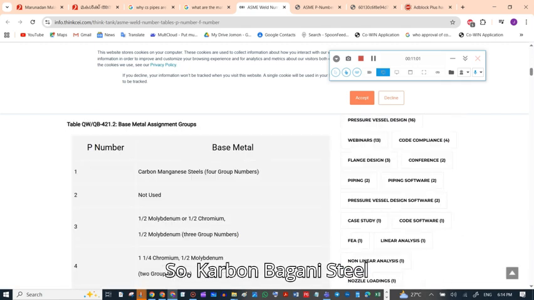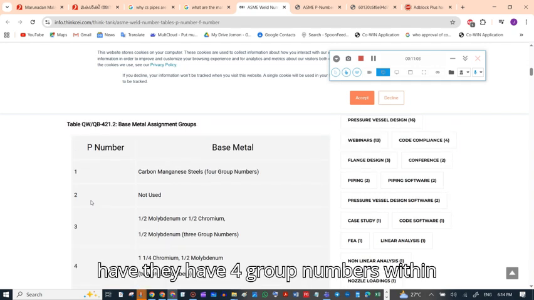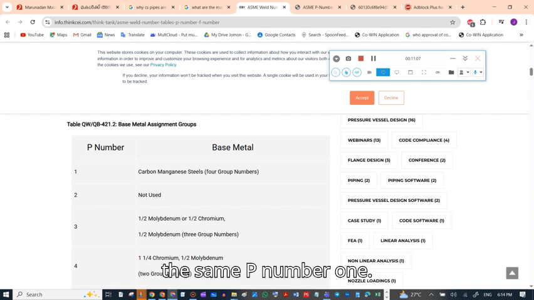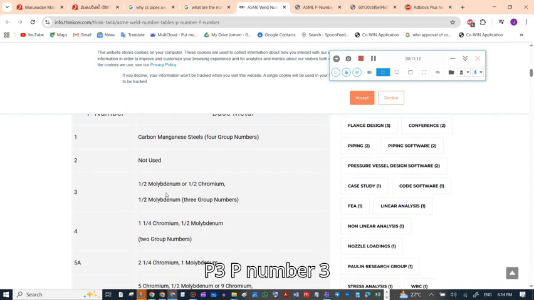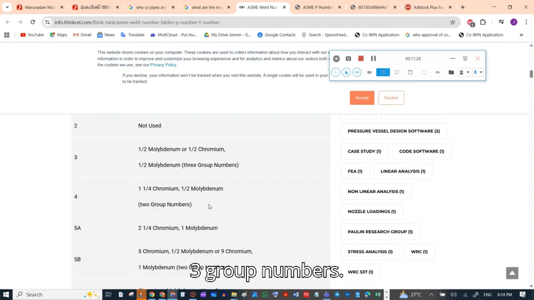So, carbon manganese steels have 4 group numbers within the same P number 1. P number 2 is not used. P number 3 is half molybdenum or half chromium and half molybdenum only, with 3 group numbers.